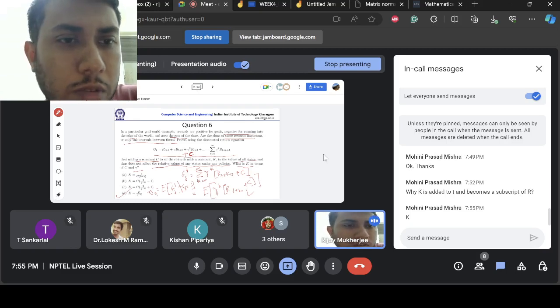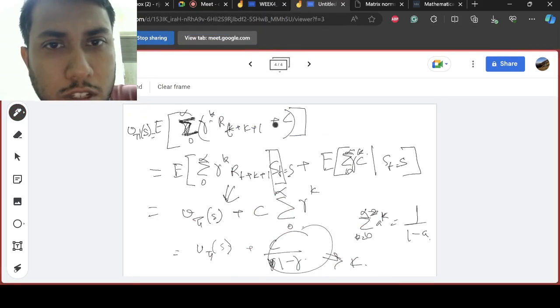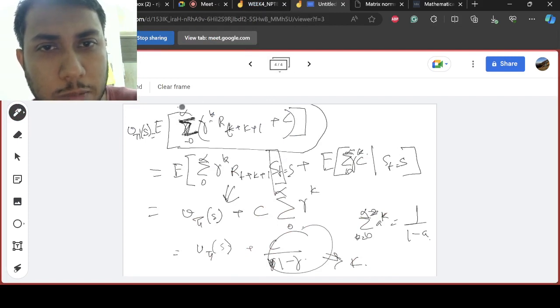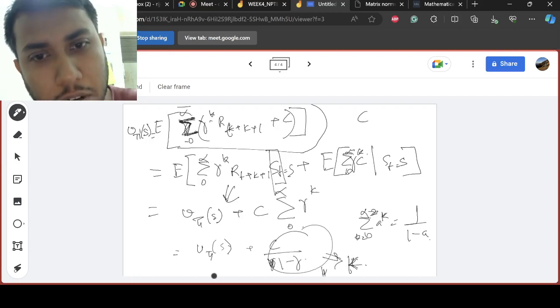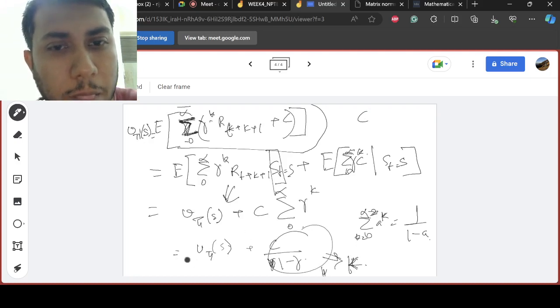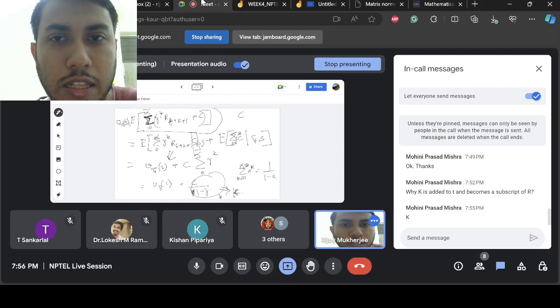Oh, we are not adding it to t, right? It comes out like this. If we do the expectation calculation, it will come out to be like this. I am not saying we are not adding k. We are adding basically a constant. So what we are trying to say is that if we are adding a constant to a reward, there is an extra constant value that will appear corresponding to the v pi.